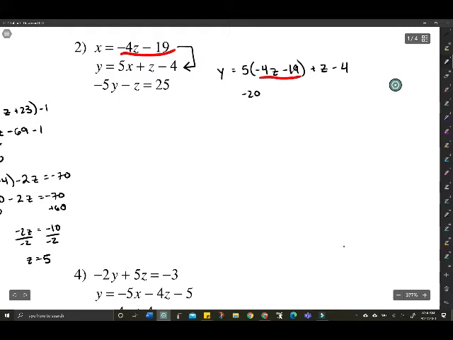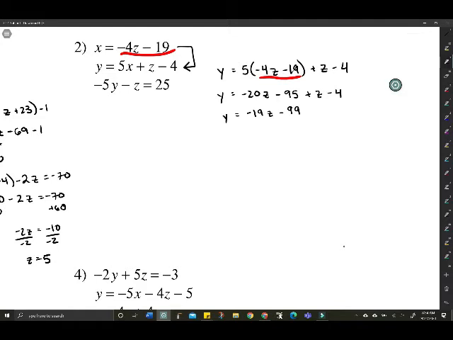That's negative 20z minus 5 times 19 is 95, plus z minus 4, which means y is equal to negative 19z minus 99.